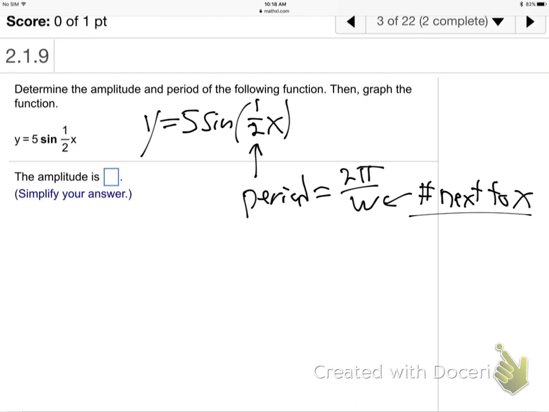It's technically omega, but call it whatever you want. That's the way you'll see it in most math books. It just means take 2 pi over the thing next to x, and that'll be the period of the sine function, meaning one cycle, right?